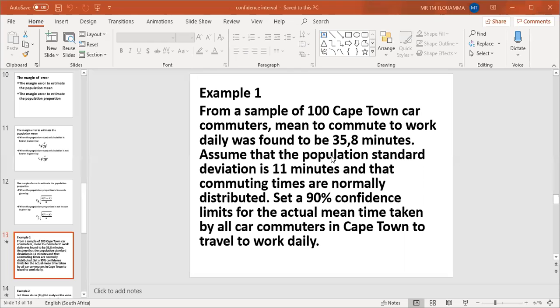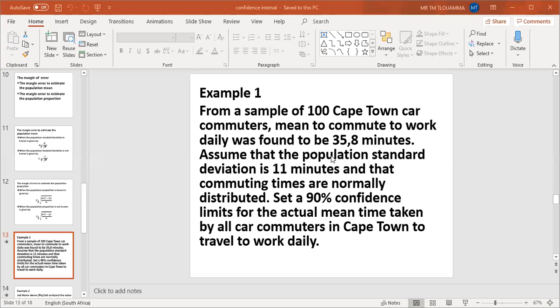Meaning this is the sigma, right? So automatically, when they say population standard deviation, you know which formula you're going to use. Which formula are you going to use?